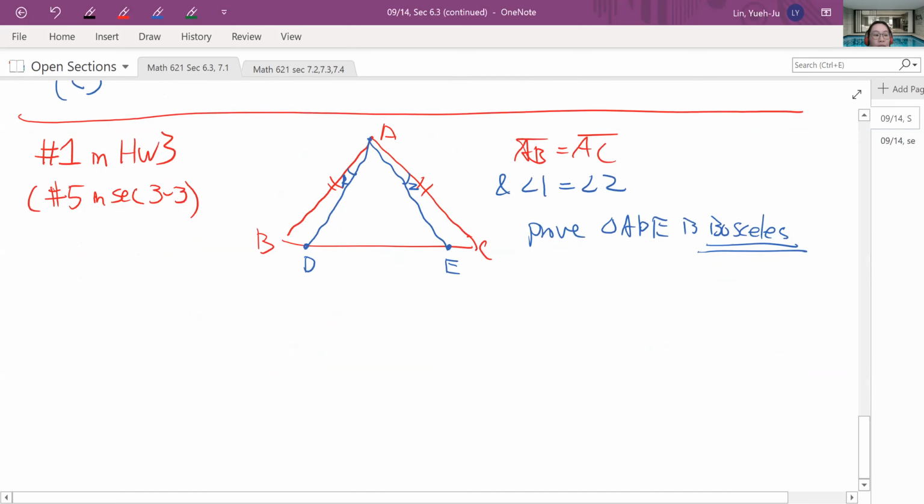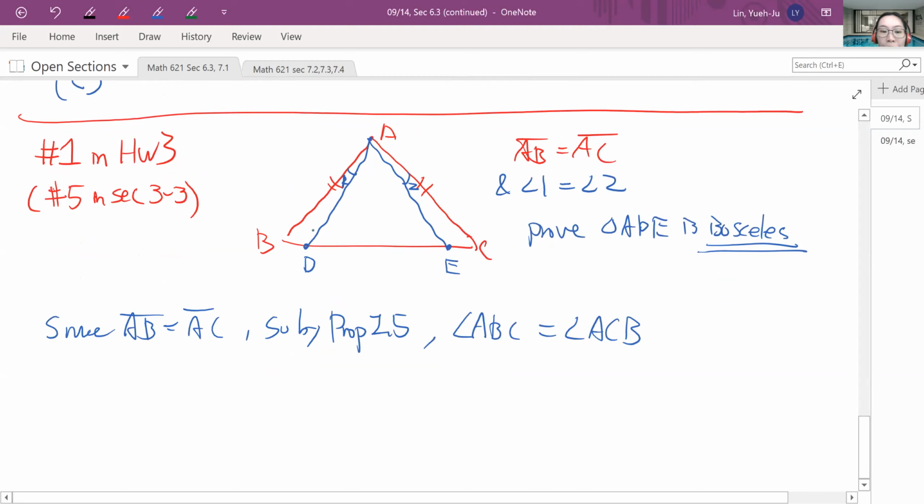Second, how to prove this. If you know what to do, it's actually, I would say, 2 lines. First of all, you already know AB equals AC. So by proposition 1.5, you know angle B is the same as angle C. Now you have angle B equals angle C, AB equals AC, and angle 1 equals angle 2.